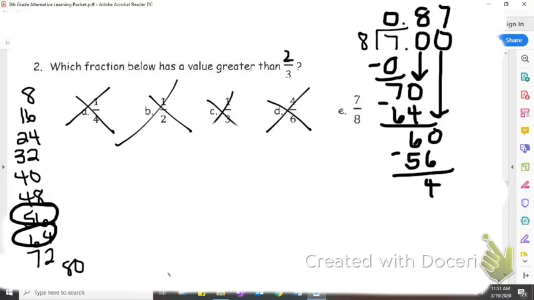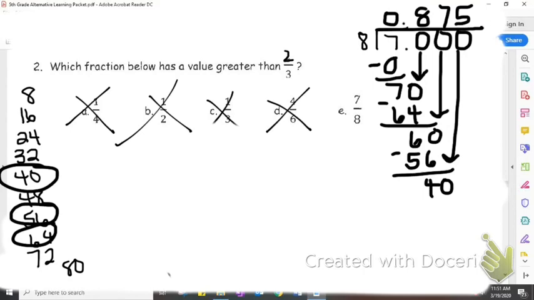Four is less than the divisor. So let's bring down again. 40. Well, this is going to work out perfectly. 40 divided by 8 is 5. 5 times 8 is 40. Subtract. Now I finally have a 0. 875 thousandths.